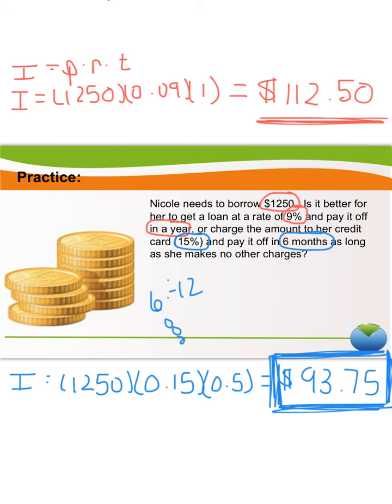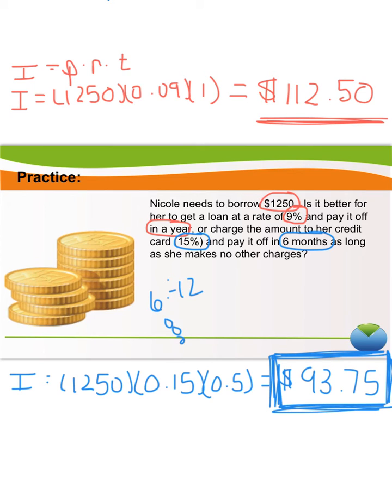On a side note, let's think about this. If you are paying something back, you want to have the least amount to pay back. If you're paying something back, that's payback, you want to have the least amount of money to pay back.